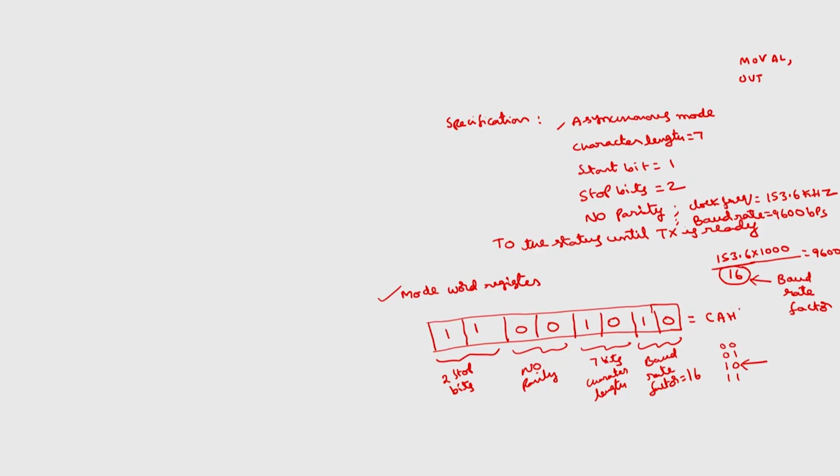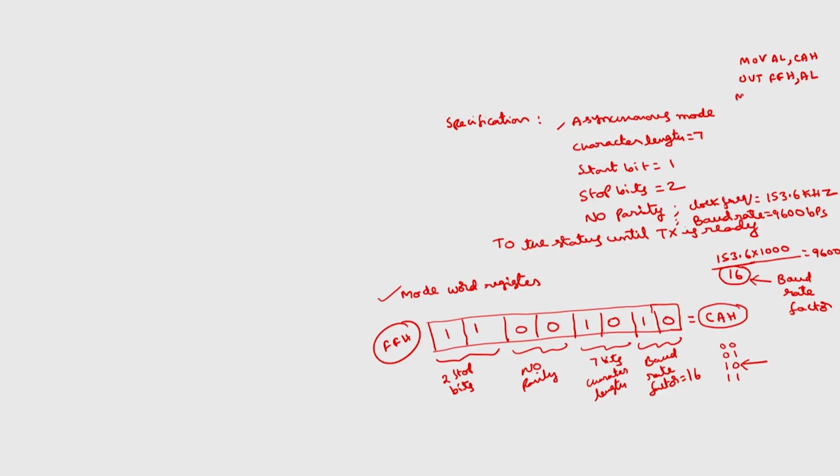I want to first load CAH into the control register. OUT FFH, AL. These 2 instructions are used to load CAH onto the mode word register, so that it will set the baud rate factor as 16, 7-bit character length, no parity and 2 stop bits.